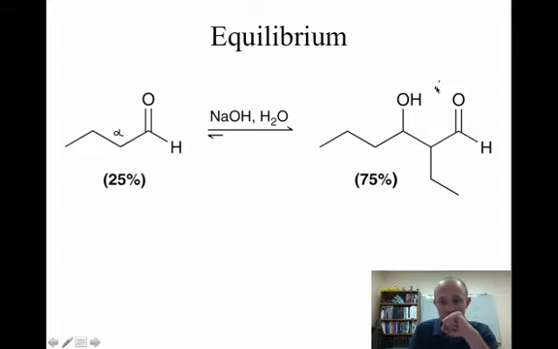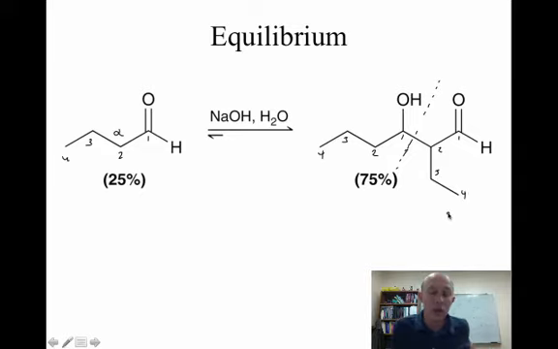If we break this molecule in half, right, this was our nucleophile which attacked the carbon-oxygen double bond of another aldehyde, right? So this was carbon 1 of one aldehyde, which was attacked by the alpha carbon, carbon 2 of an enolate.